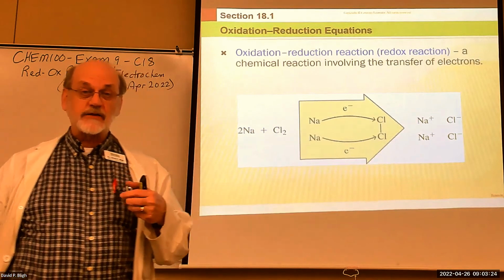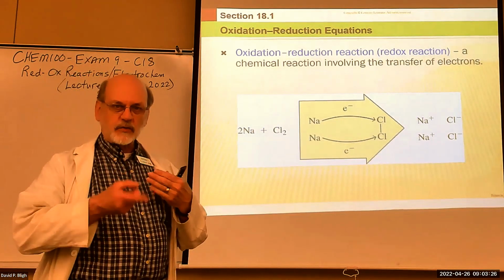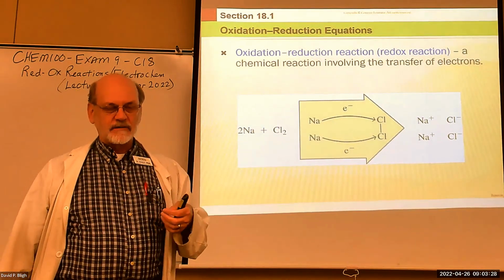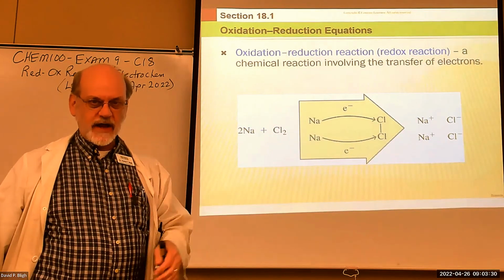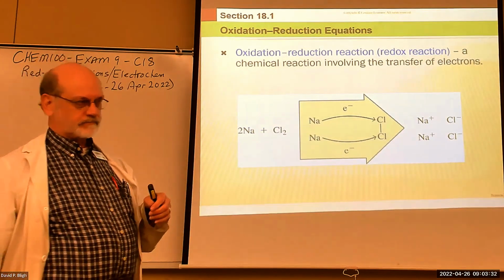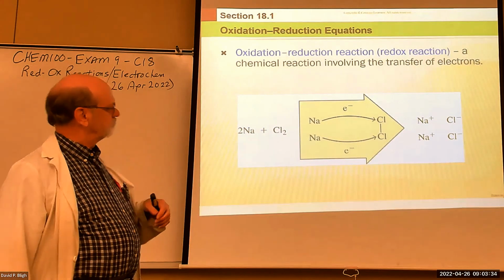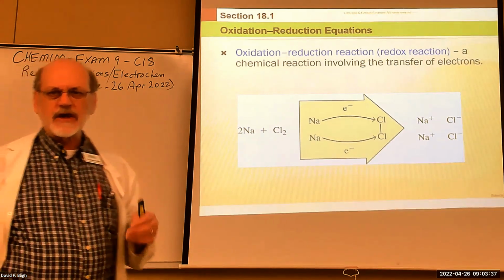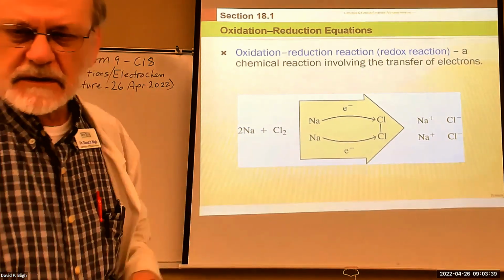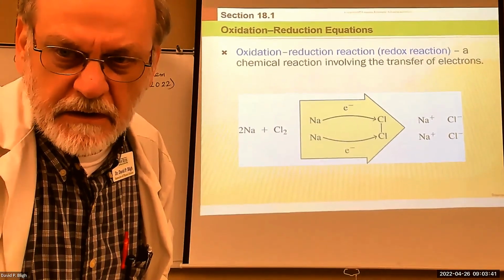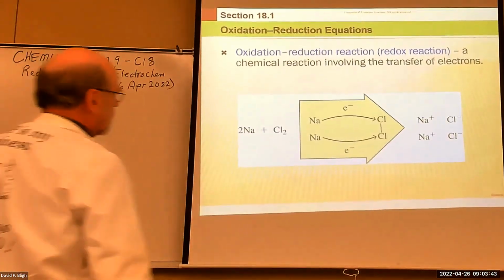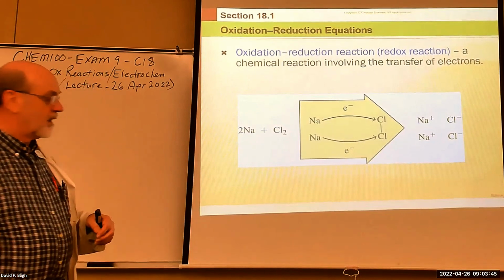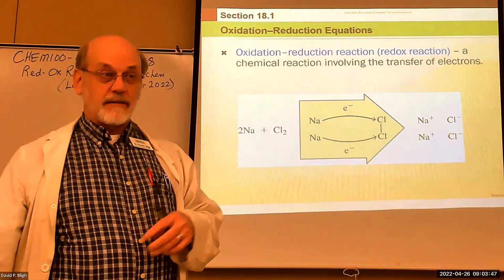If electrons are transferred between reactants, then you have a redox reaction. And there are special characteristics that are unique to the redox reaction, some of them ultimately leading to things like batteries.